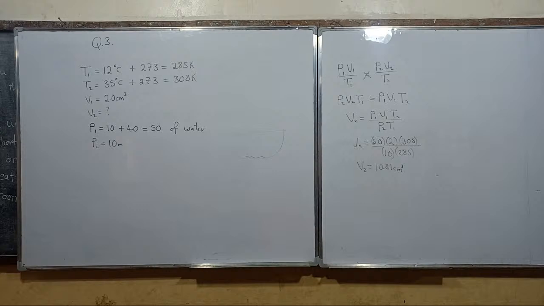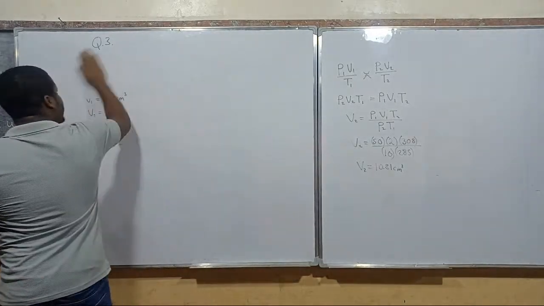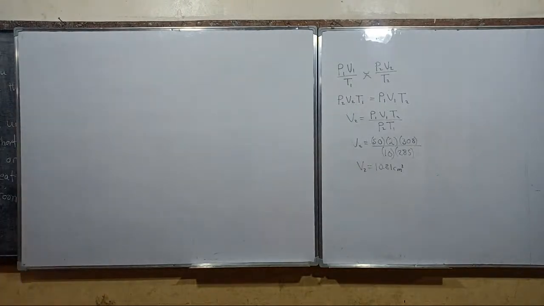So question 4 reads, a uniform glass tube of length 100 centimeters is to be filled with mercury so that the volume of the tube occupied by mercury appears to be the same at all temperatures.